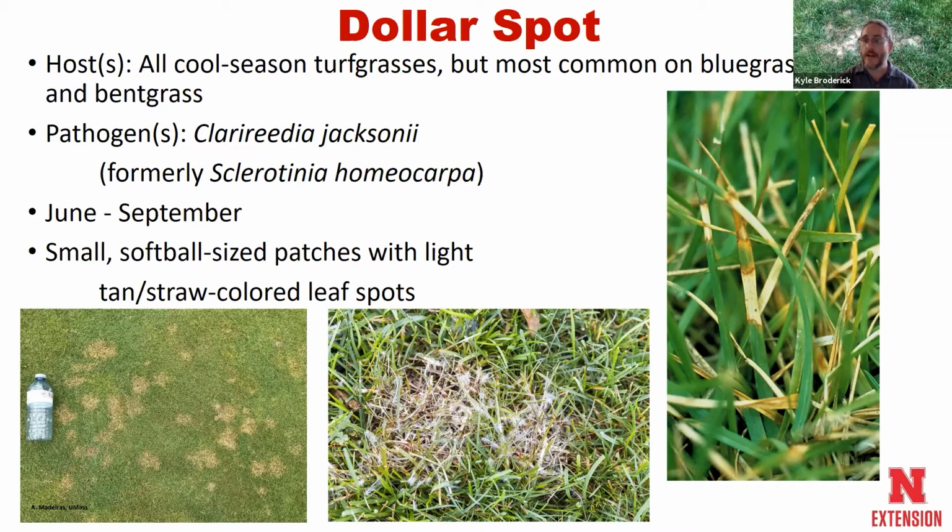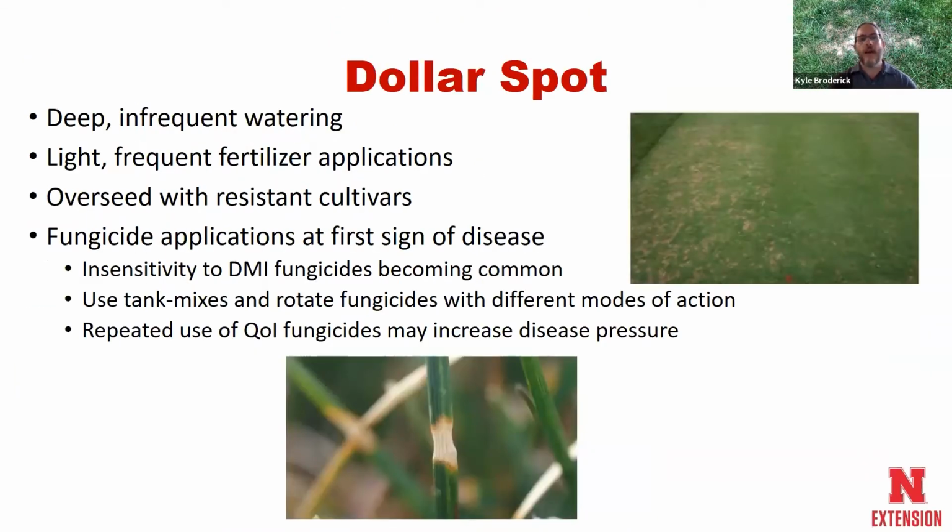And when it does that, you may even get some pinching that occurs in the middle of that lesion to produce a sort of hourglass type appearance on that turf. And the picture I have down here at the bottom does a really good job of showing that hourglass type symptomology that we tend to see with dollar spot.